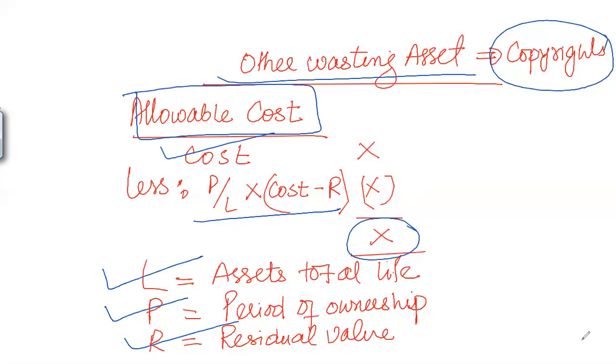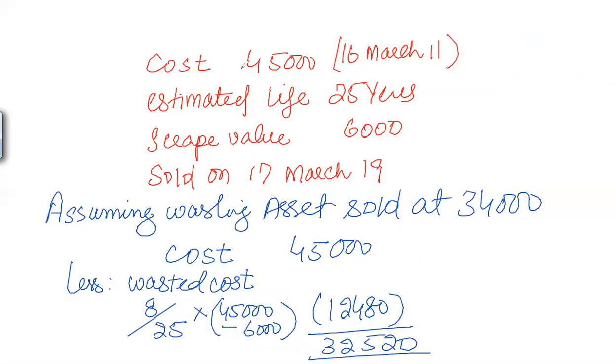Let's see from an example. For example, the cost of the asset was 45,000 on 16th March 2011. Its life was originally 25 years. Scrap value was 6,000, and then the asset was sold on 17th March 2019. So it has been sold after a use of 8 years.